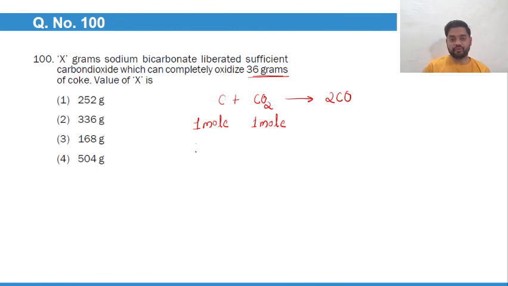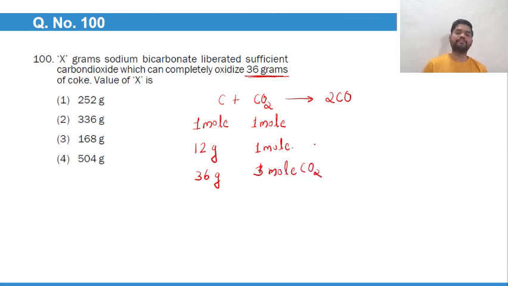That means 12 gram of coke will require 1 mole of carbon dioxide, right? How many grams is given? 36 grams. That is 12 into 3. 36 gram will be required by 3 moles of CO2. Right? This first is clear.